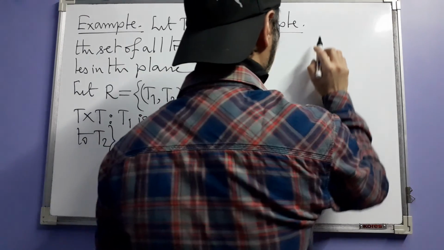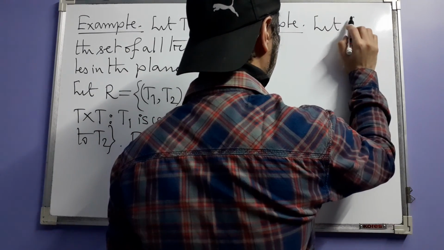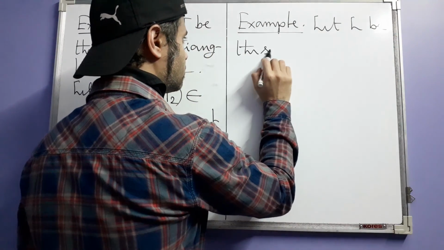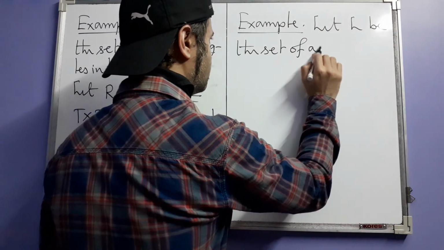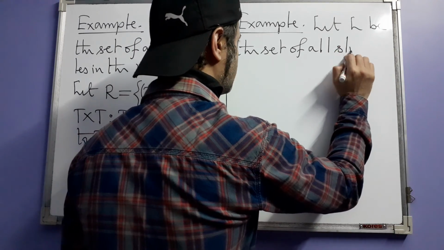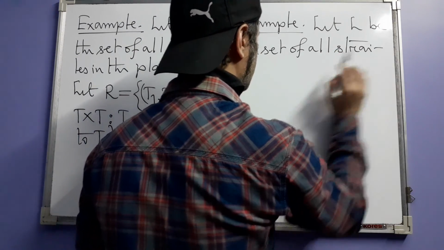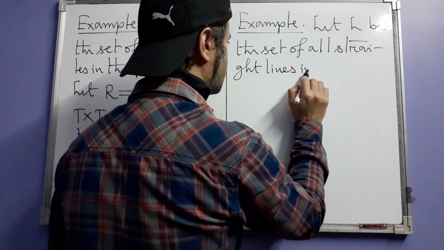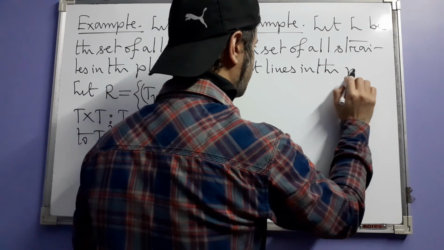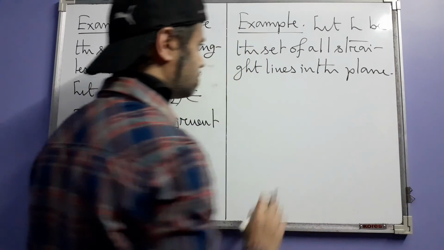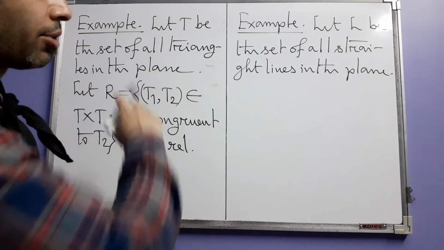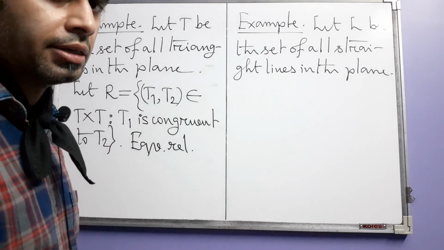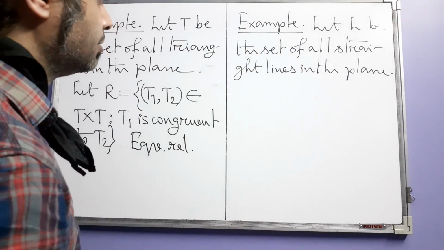In this next example, let us consider this. Let L be the set of all straight lines in the plane. Okay, so all kinds of lines, all of them taken together form the set L on a single plane.